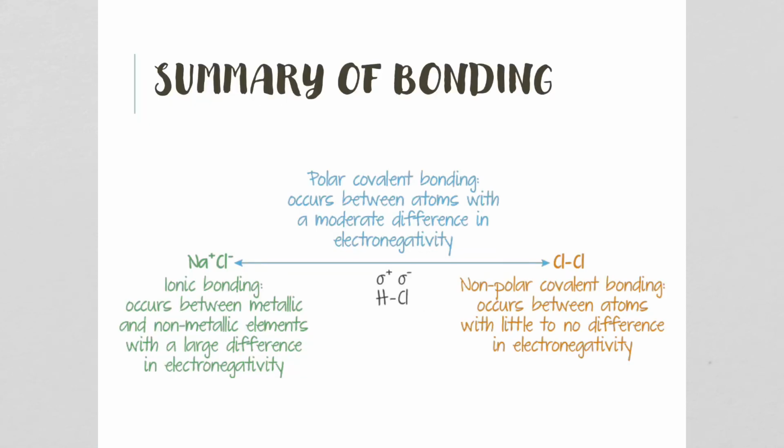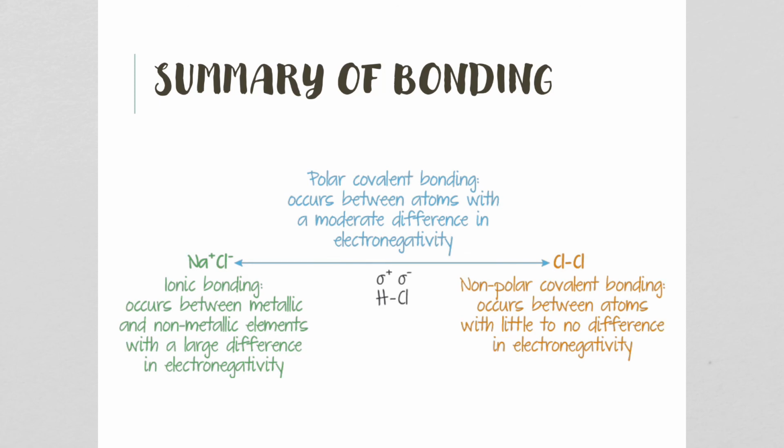So I found this resource from our Cognity textbook quite useful. It's a summary of the 3 types of bonding. So we have ionic bonding. That occurs between metallic and non-metallic elements. And there's a huge difference of electronegativity between the atoms. And these are held together through electrostatic attraction.